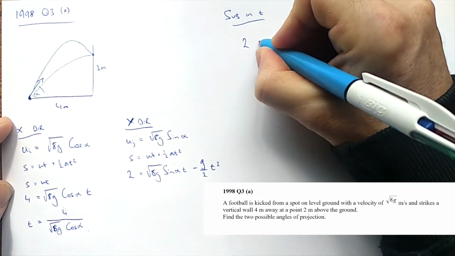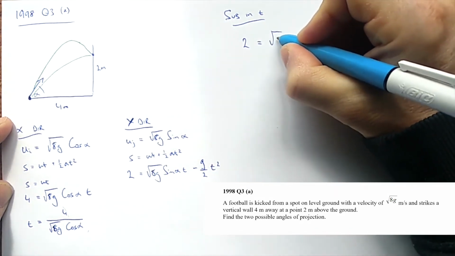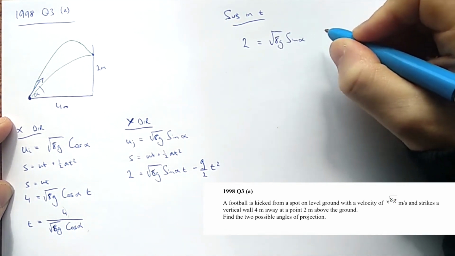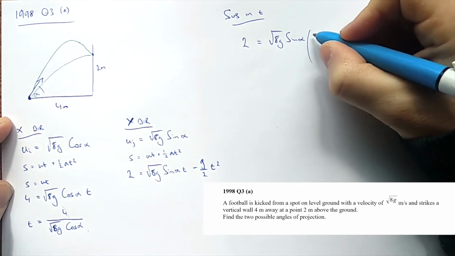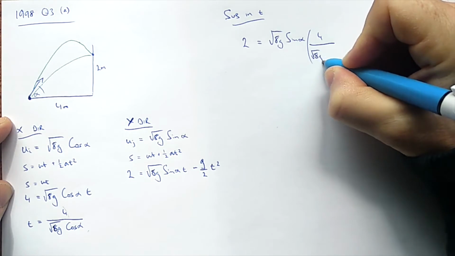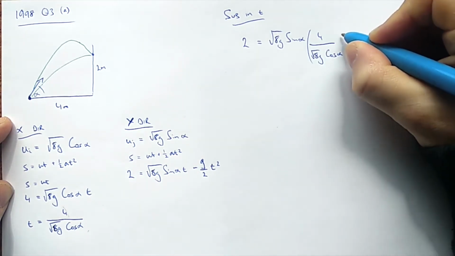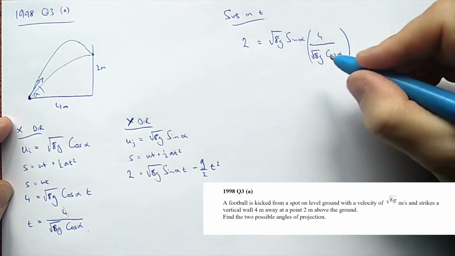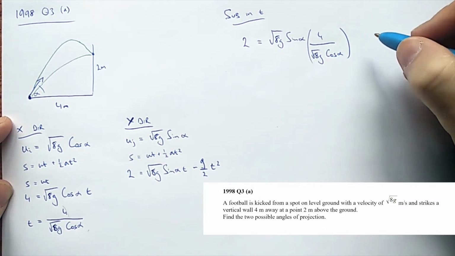So 2... now already you can see there's some cancellations going to go on here. So this is going to be a bit of a messy line, but it's going to get better after this.